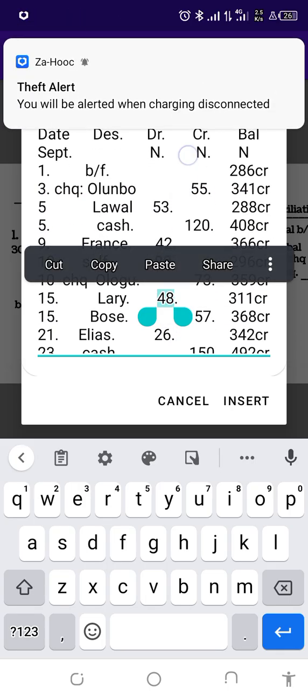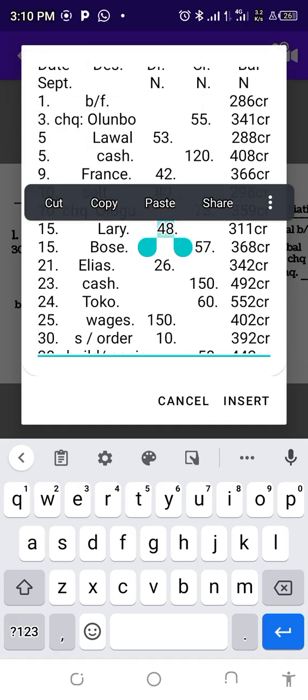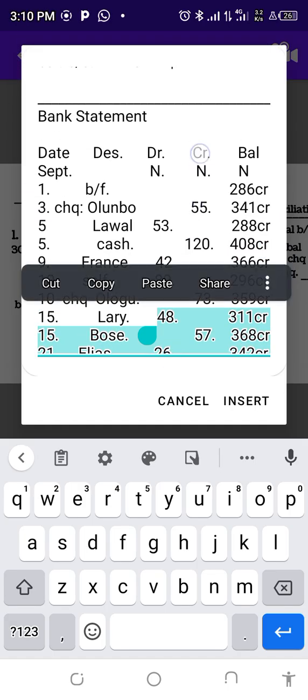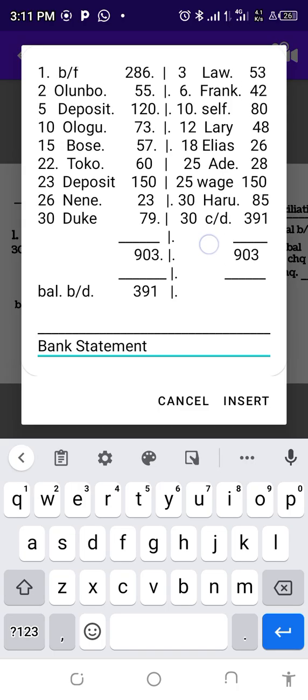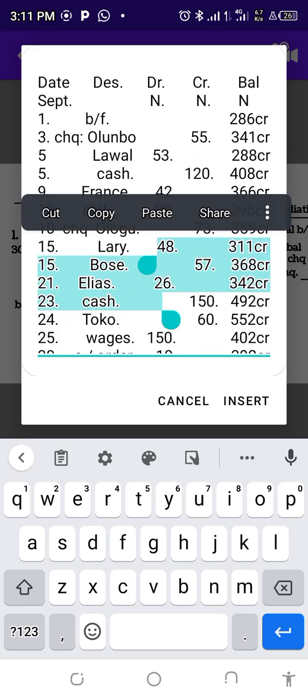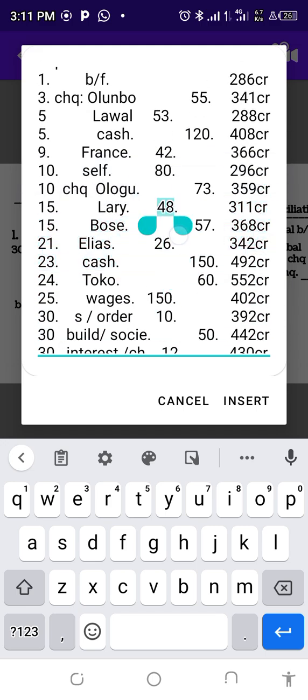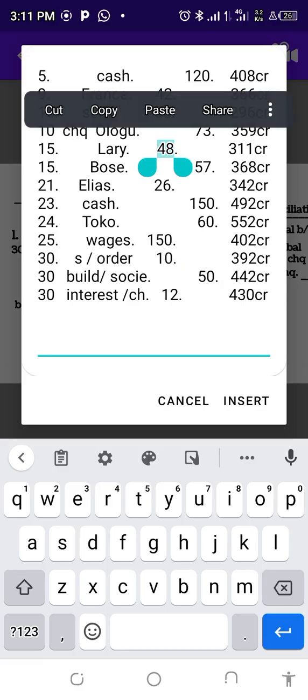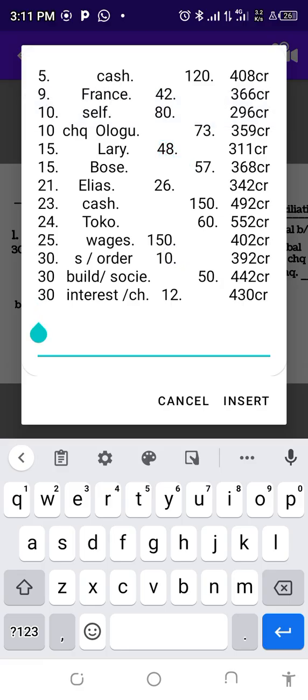Then we go again. After Elias, what do we have? We have Ade. Ade is 28. Do we have Ade on the debit side? No, Ade is not on the debit side. So that is one of what? The unpresented cheques. So Ade is one of the unpresented cheques.